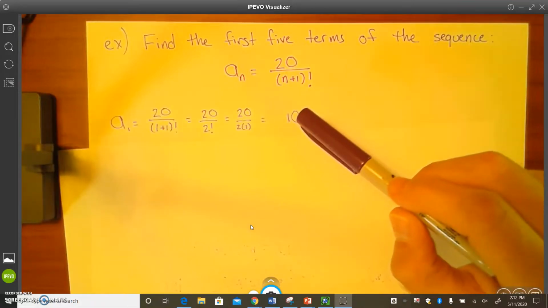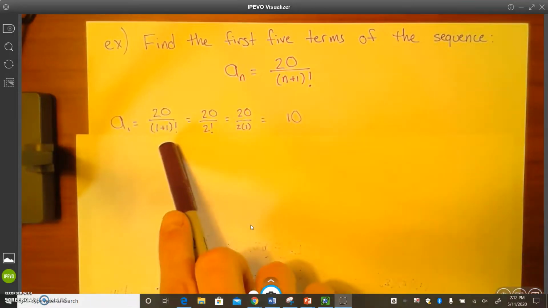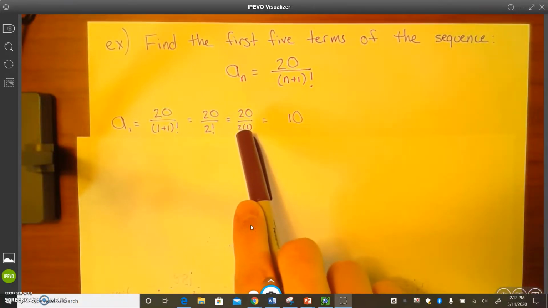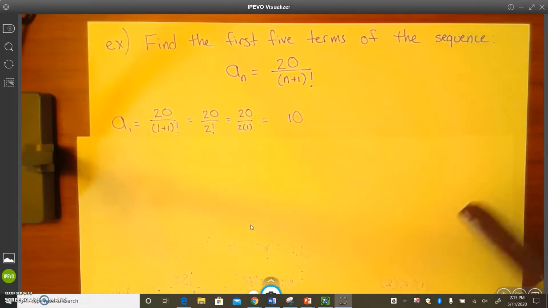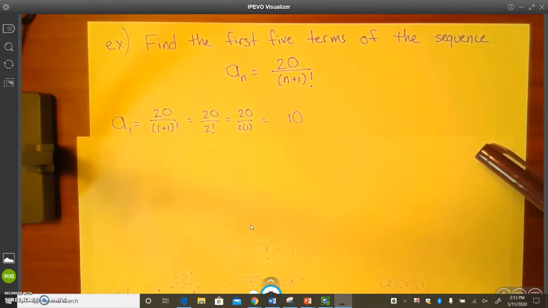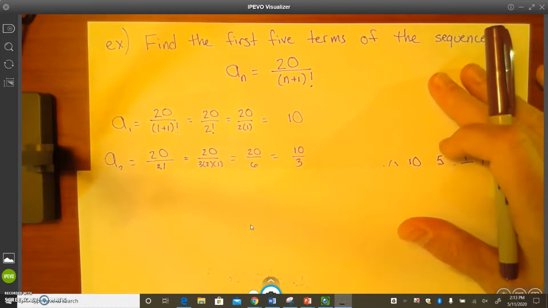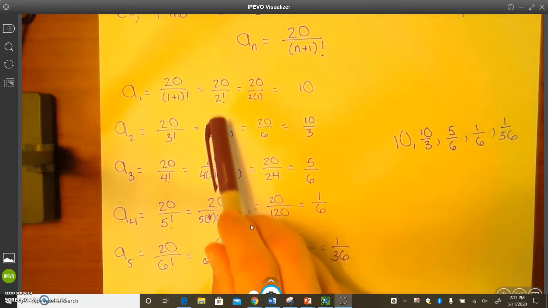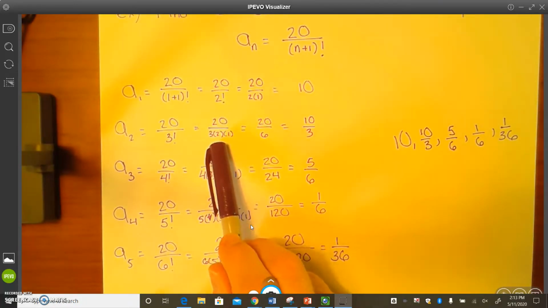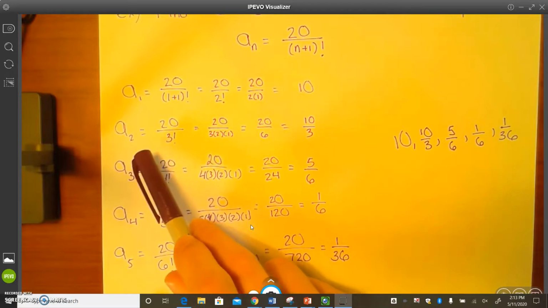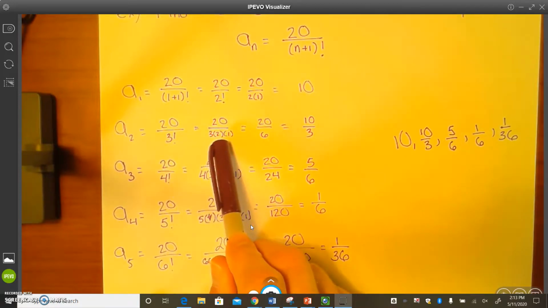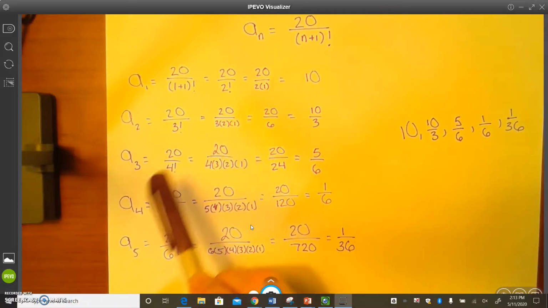For example, if I want the first term, I plug in n equals 1, so I get 20 over 2 factorial, which is 20 over 2 times 1, which gives me 10. That's pretty straightforward and simple. In fact, the next several of these are all very simple, where each one is going to be 20 divided by one more factor in the denominator. So for A2, I'm taking 3 factorial, which is 3 times 2 times 1, in the denominator.